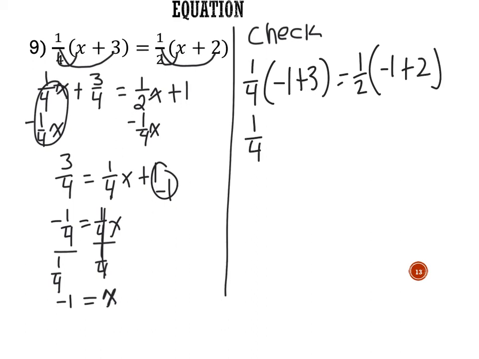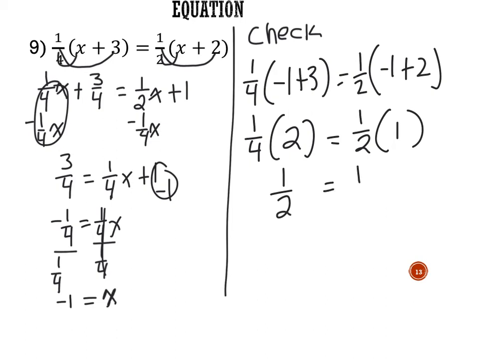So negative 1 plus 3 equals 2. 1/2 times negative 1 plus 2 is 1. So 1/4 times 2 gives me 1/2. 1/2 times 1 gives me 1/2. My answer checks out. X equals negative 1.